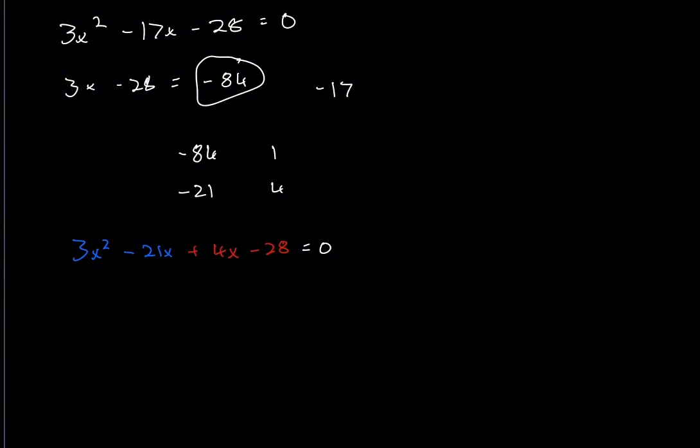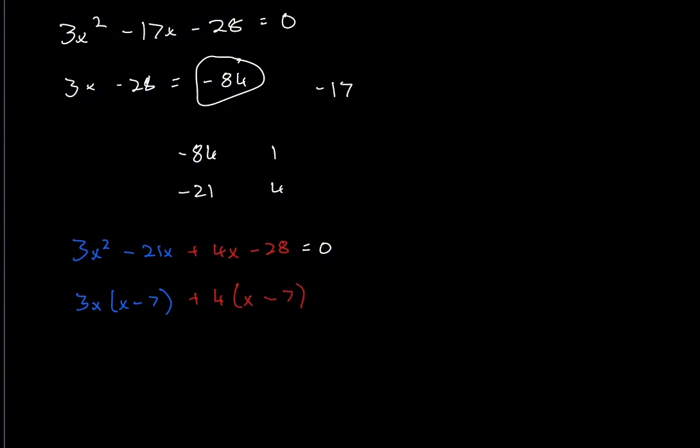So the common factor in the blue is 3, so we're going to have 3x, and inside the brackets x take away 7, and then we're also going to have 4, and then the common factor is 4, sorry, minus 7.